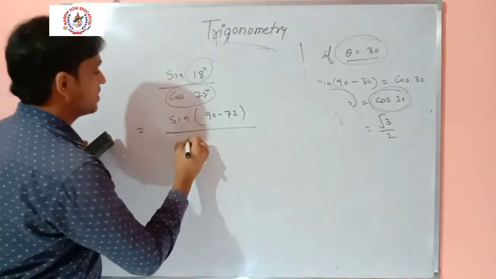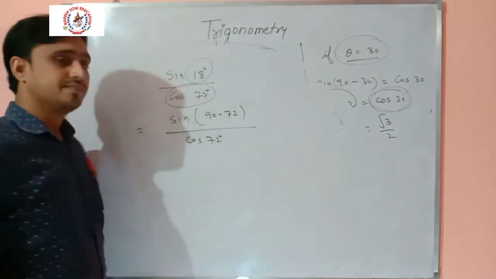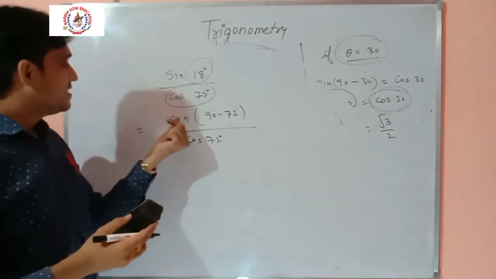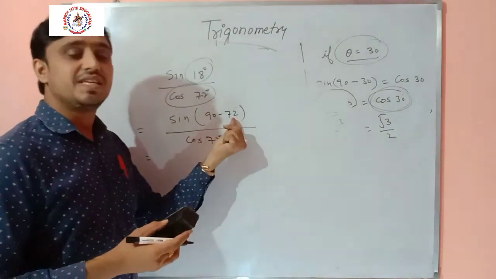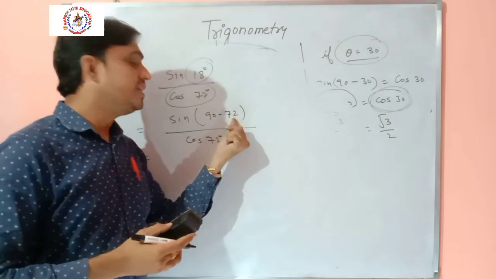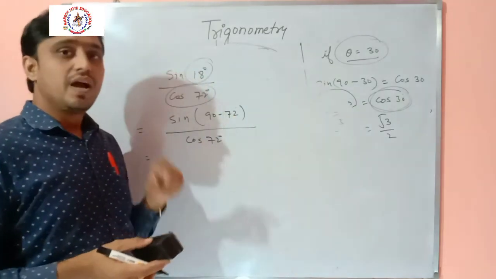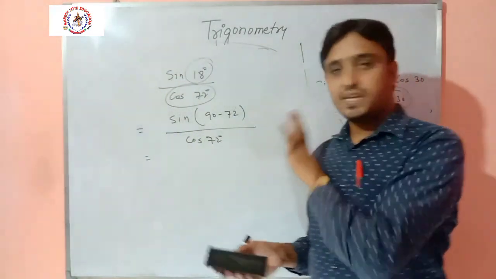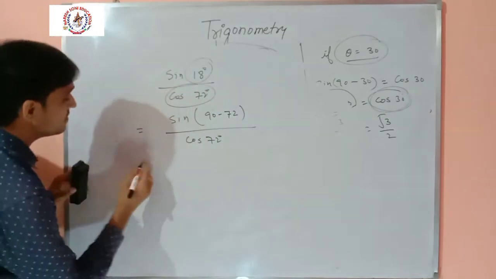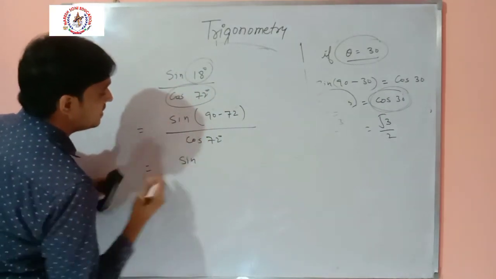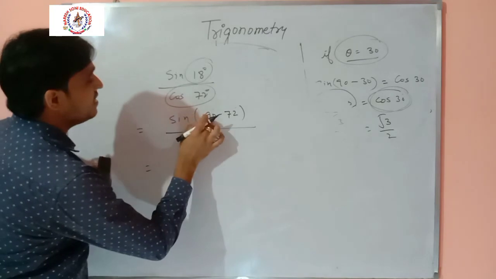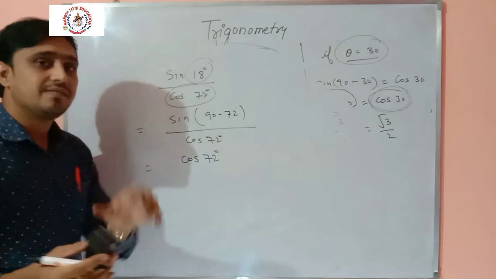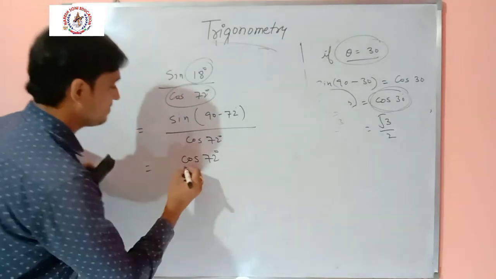This is sine 90 minus theta, where theta is 72 degrees. I told you sine 90 minus theta is cos theta, so it becomes cos 72 degrees. Is that clear, guys?